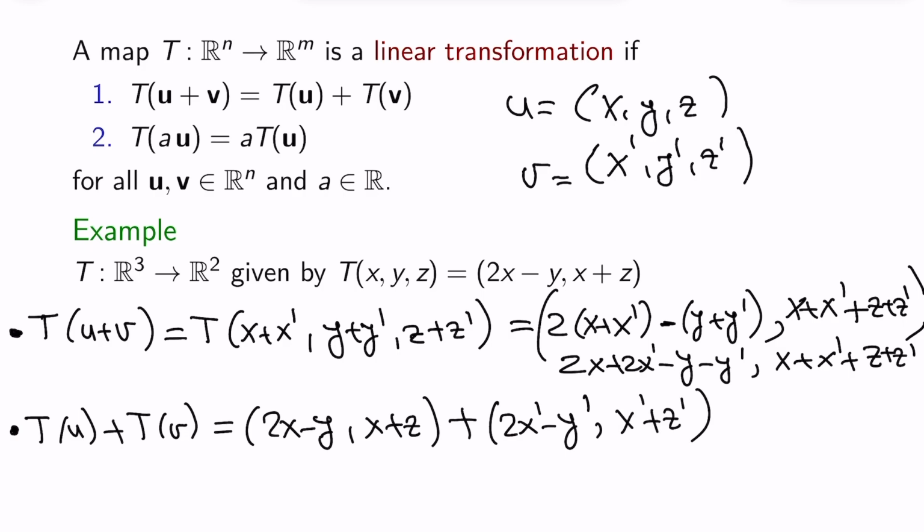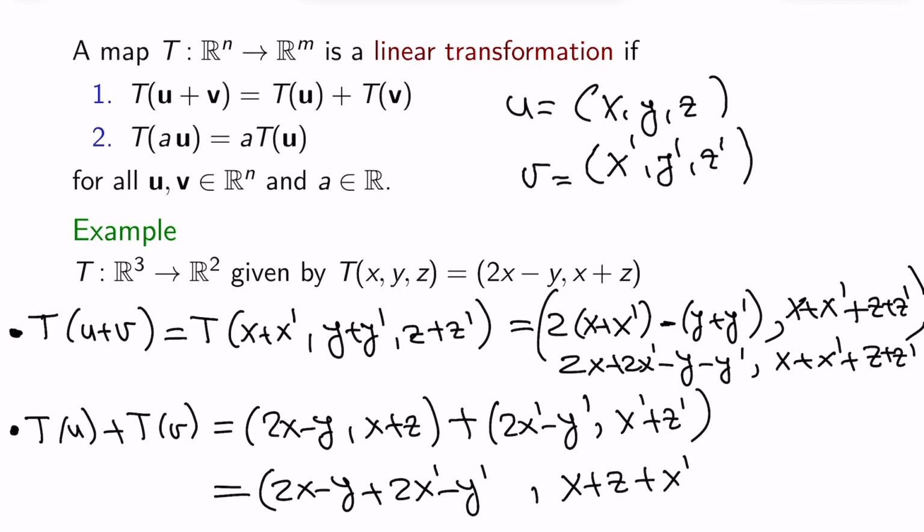Okay, so that is T of u plus T of v. Let's perform this operation with vectors, the addition of these two vectors. This is 2x minus y plus 2x prime minus y prime, and comma, x plus z plus x prime plus z prime, right? This one here.